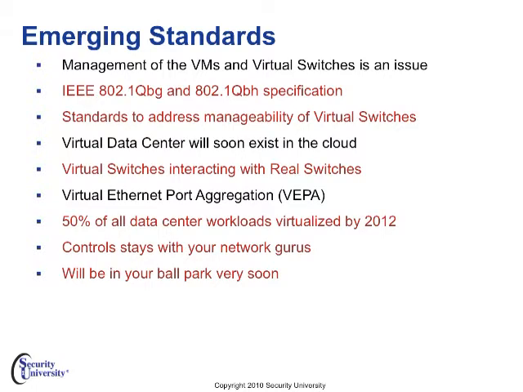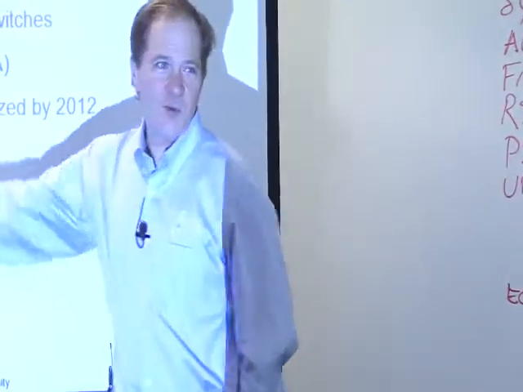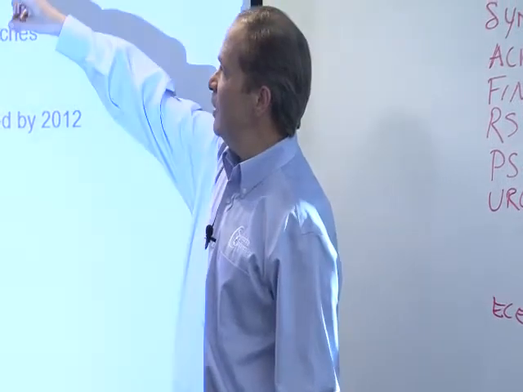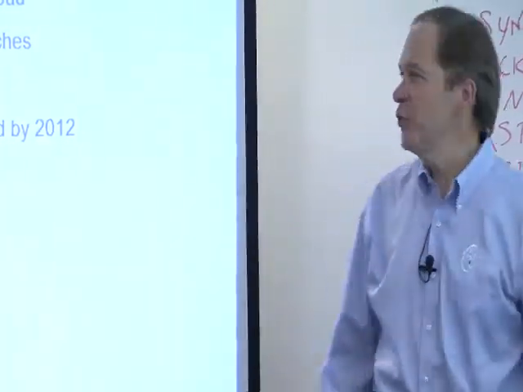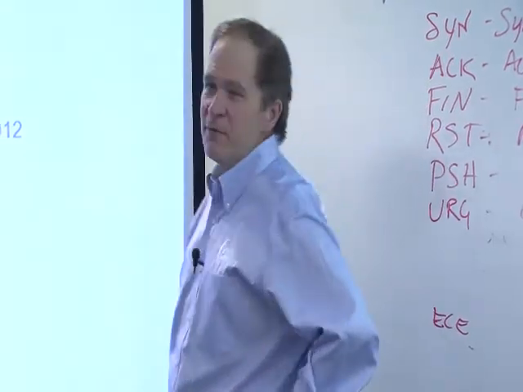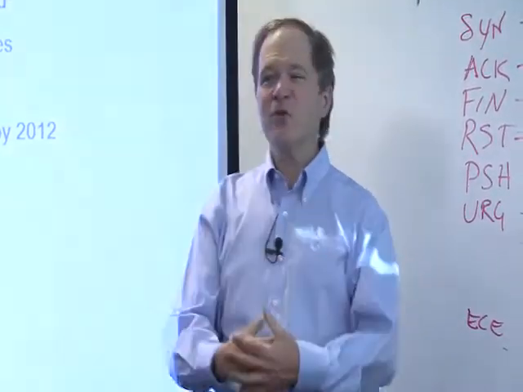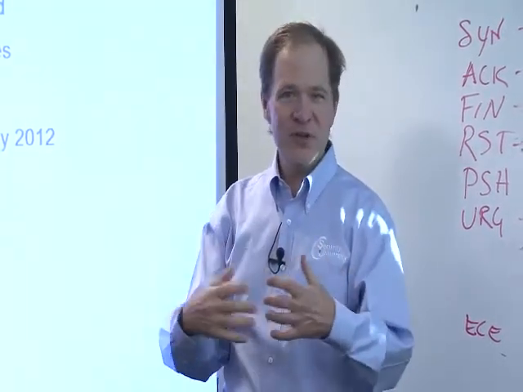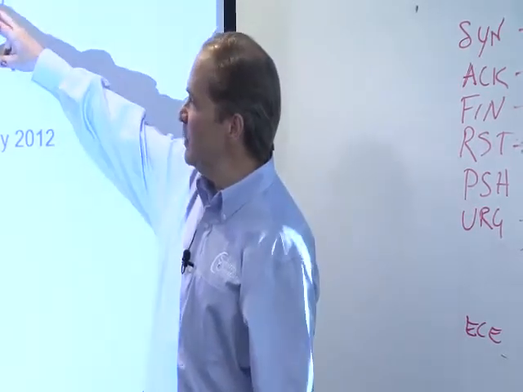And these are just some of the emerging standards in the VM world. Right? We have standards in here for IEEE 802.1Qbg and 802.1Qbh, specifying routing for virtual machines. You'll notice that virtual machines and servers also have virtual switches because they have a virtual network inside them for all the virtual machines to communicate with, and a way for that network to then go out to the physical network if you need.